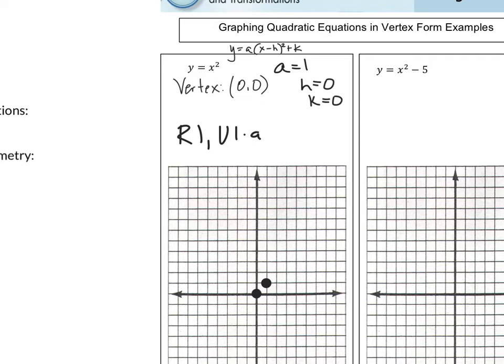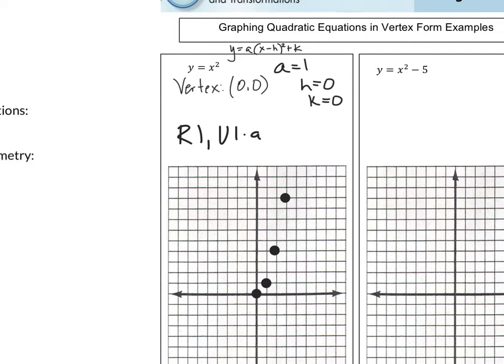Then I'm going to go right 1 and up 3 times a. a is 1, so from the dot I just made, I go right 1 and up 3. And if I have room, which I do in this case, I'm going to go right 1 and up 5 spots, just like so. Now I'm going to reflect it to the other side.